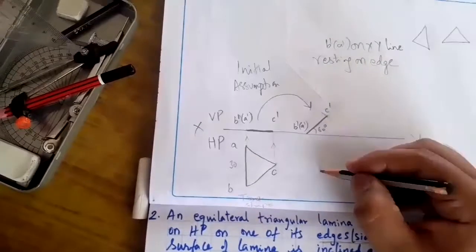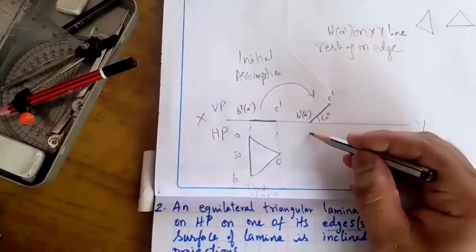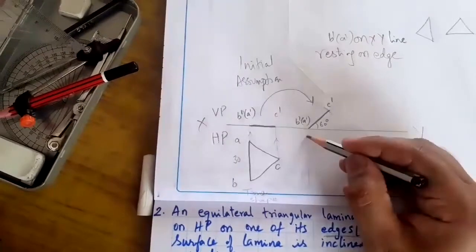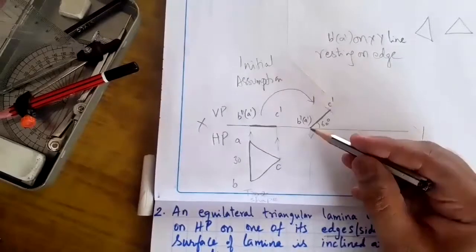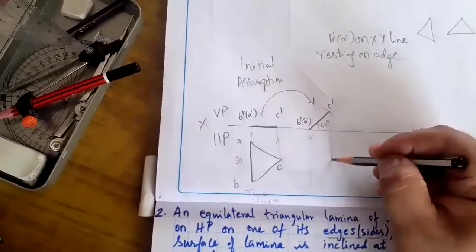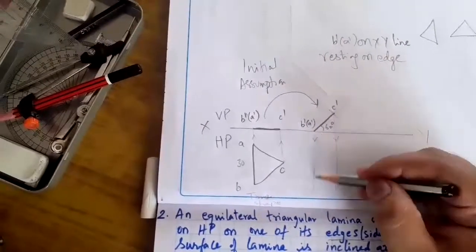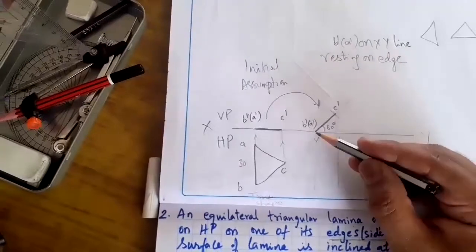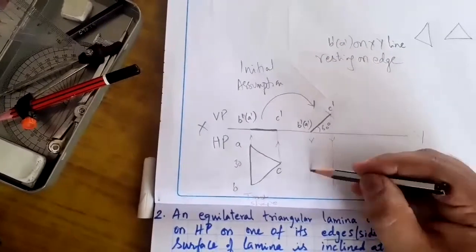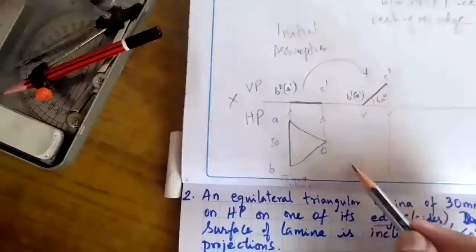So from A, I am going to draw a projector downward. I am going to draw an arrow mark here. From B, I am going to draw an arrow mark. From C, I am going to draw an arrow mark downward. So 3 lines I have drawn, but one more line is not necessary here. You have to understand that it is a projector of A as well as from B. Next, I have to get the apparent shape here, means from the true shape I have to obtain.